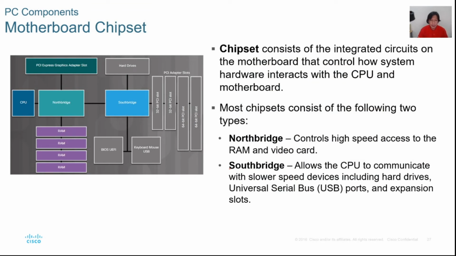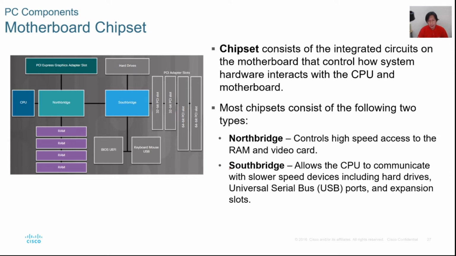One important part of the motherboard is the motherboard chipsets. As I told you, this consists of integrated circuitry that controls how the system hardware interacts from one component to another, especially the interactions of your central processing unit with your motherboard.